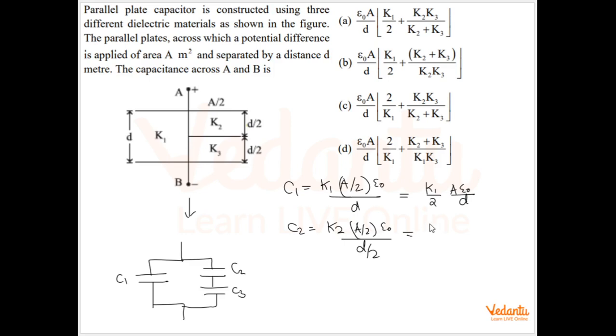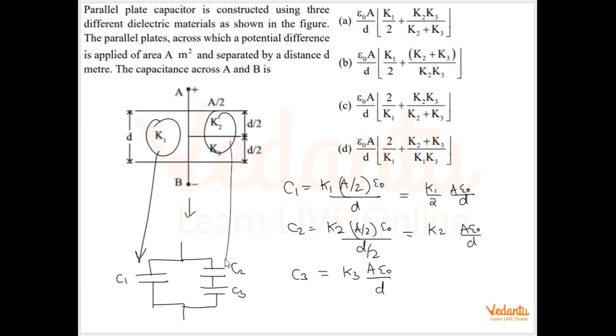That will just be K2 A epsilon naught by D. And similarly C3, my dear bacha log, will be K3 A epsilon naught by D. I hope you guys understood how I made this circuit diagram. Here K2 K3 will be in series.